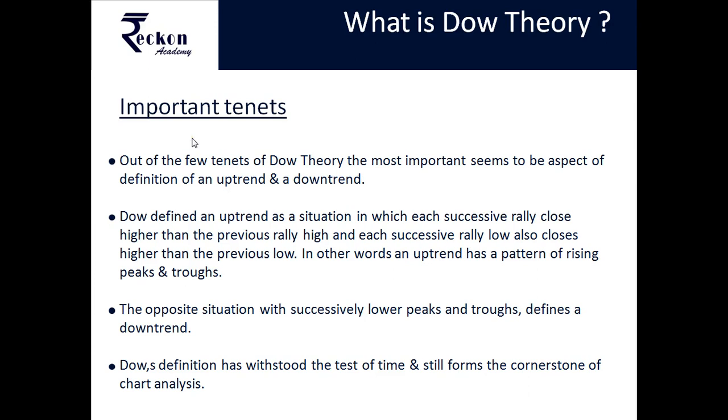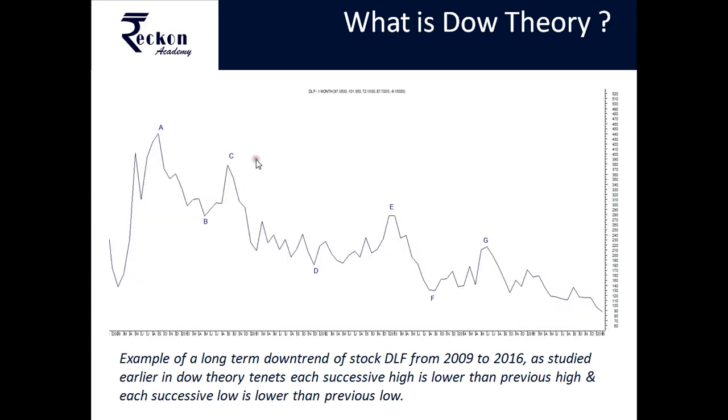Let's look at a couple of examples. Now we can see over here that this is the longer term chart of DLF from 2009 to 2016, and we can see all these points A, C, E and G. These are all the highs.